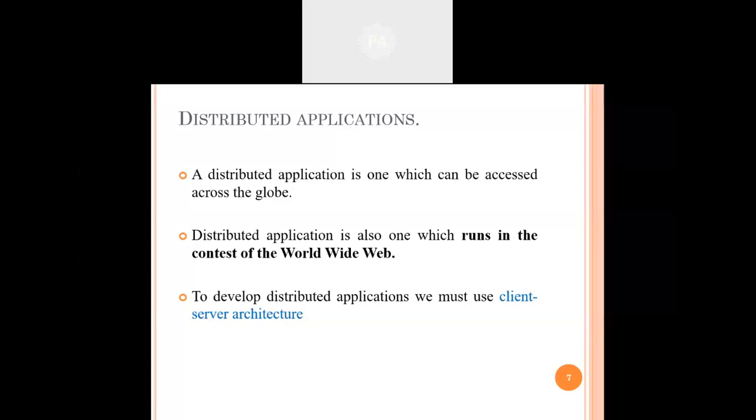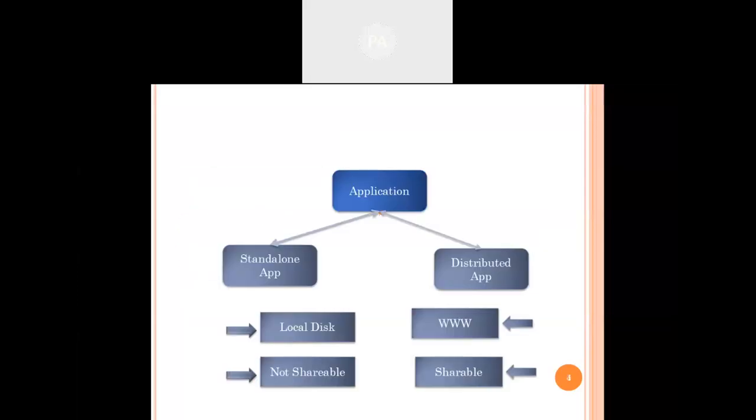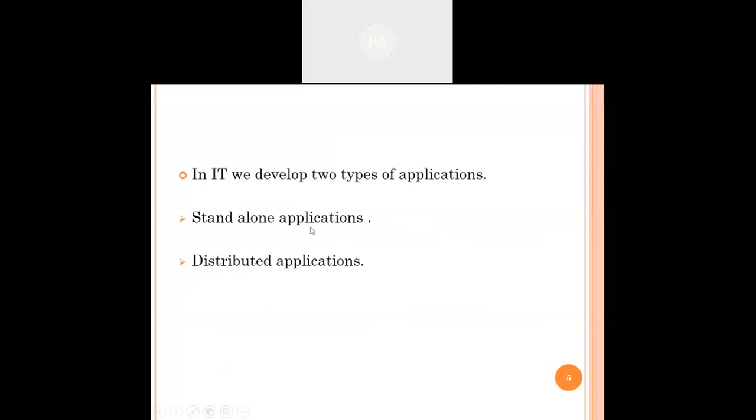In a distributed application, we must use the client server architecture, where the client always makes a request to the server and the server gives the response to the client request. We'll discuss the client server architecture also, so don't worry. Just understand there are two types of applications. First one, standalone application, and second one, distributed application.